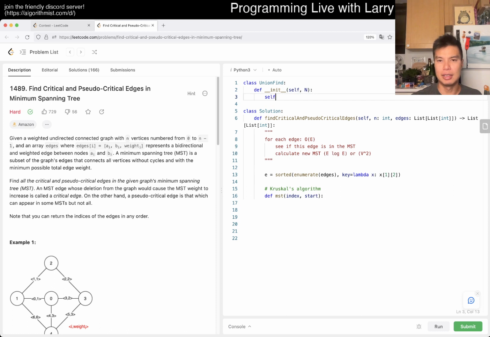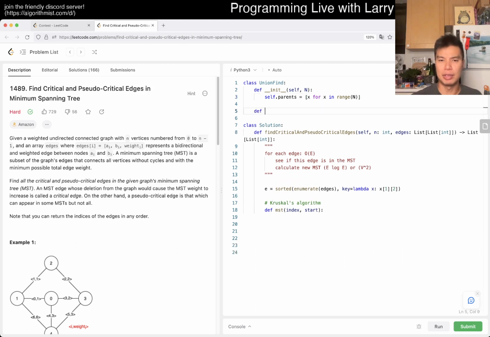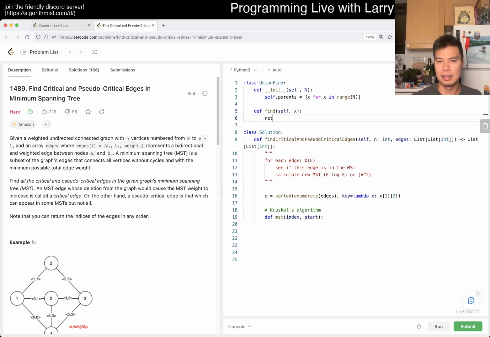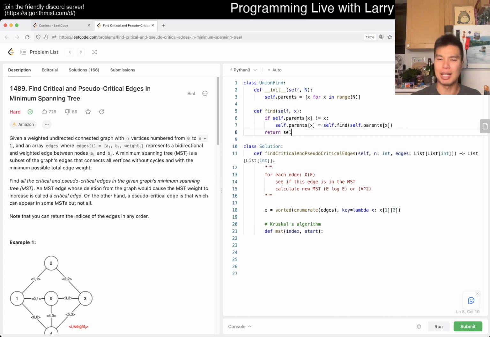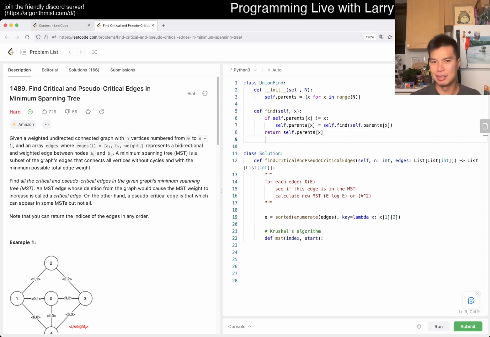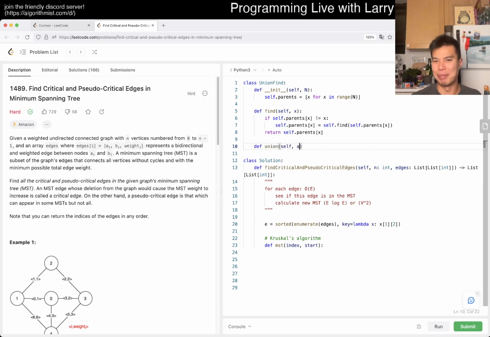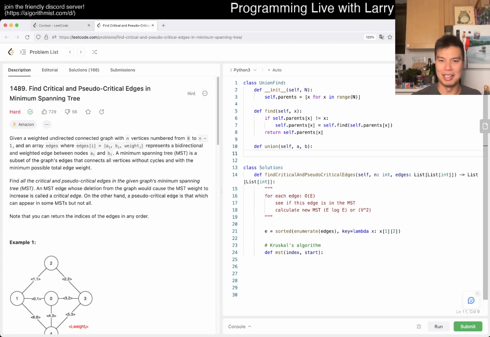So parents is x for x in range of n to n plus 1. Should be okay. And then we have find, and this is just standard union find things. I'm not going to go over it in this video because that could be a big thing in itself.